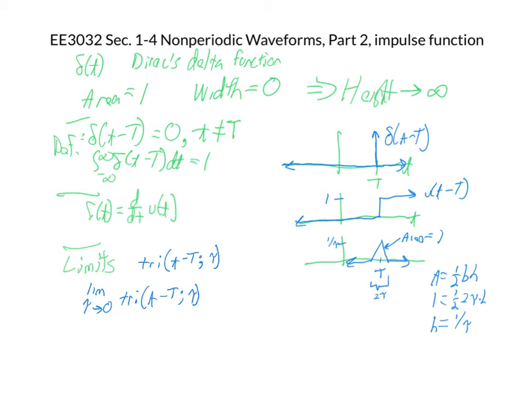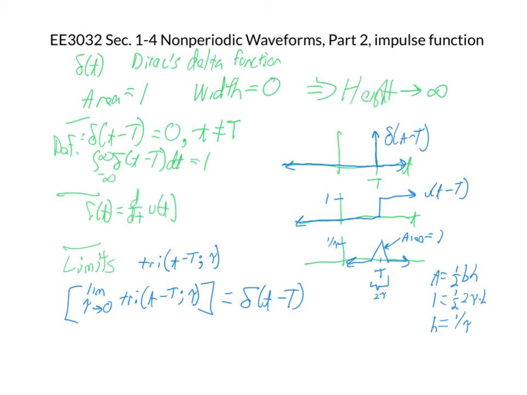The height diverges toward infinity, but the area is always 1. So this expression here, when I take that limit, I get Dirac's delta occurring at time capital T. So that's our triangle model. So that is it for the definition of this function.